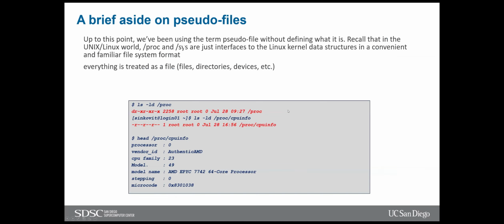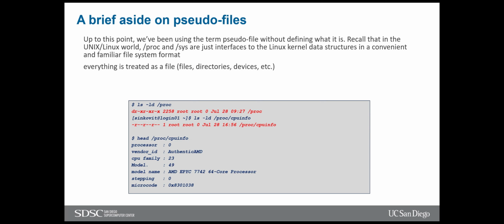I mentioned before that the lscpu command pulls its information from a pseudo-file. I want to talk a little about what exactly a pseudo-file is. A pseudo-file system is really a file system that doesn't have any actual files in it. Rather, it has virtual entities that dynamically create themselves.